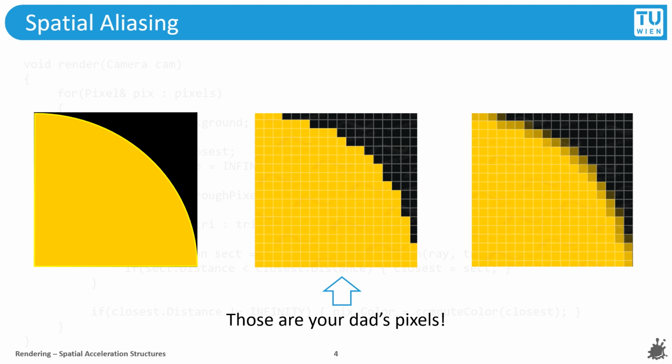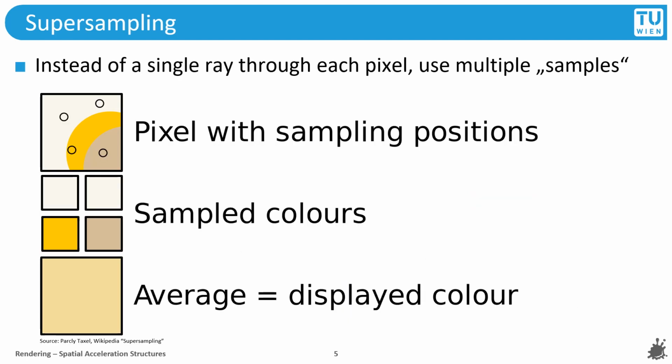And in order to combat that aliasing, what we would like to do is make our pixels more expressive. So basically we would like them to be a better representation of the color that we see over the entire area that each pixel represents. And if you have compute power to spare, then the solution to that is rather simple.